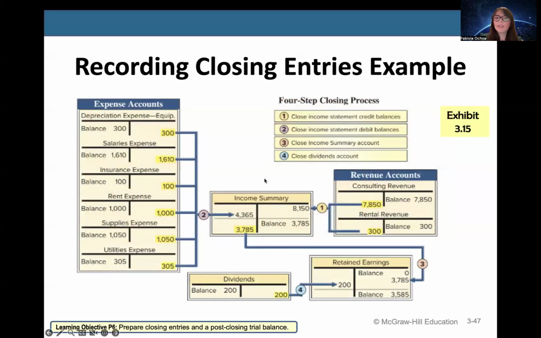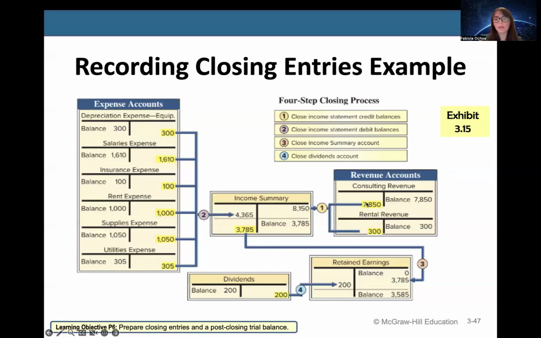Okay, so this is also a nice visual. First, we are going to close our revenues, right? So here we have our revenue accounts. You go ahead and debit the amounts in your revenue to bring it down to zero. So revenue has a normal credit balance.